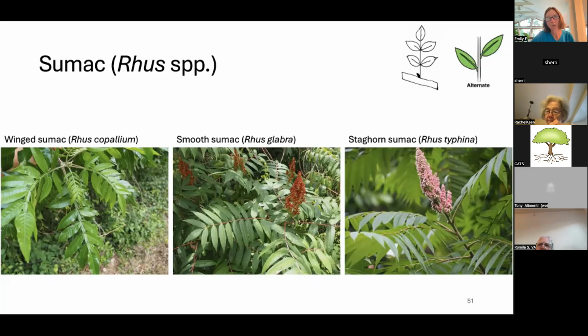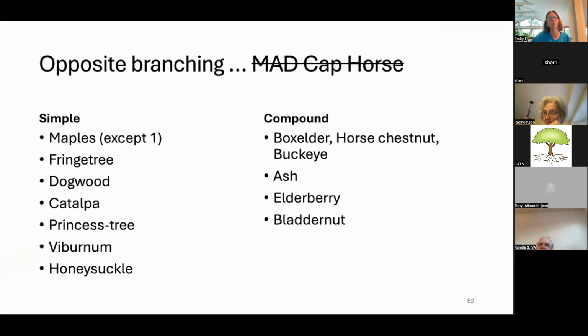And then this last part is just for fun. Opposite branching, it used to be "Mad Cap Horse," and I don't think that works anymore because they keep doing funny things like changing things around. So now the maples are included in the same family as the horse chestnut and the buckeye.